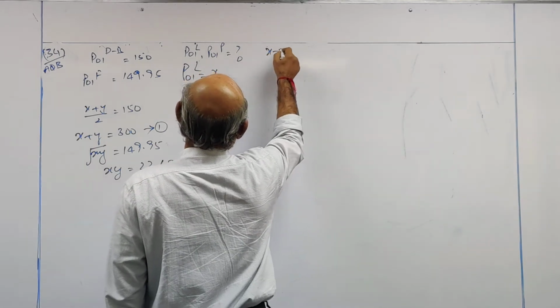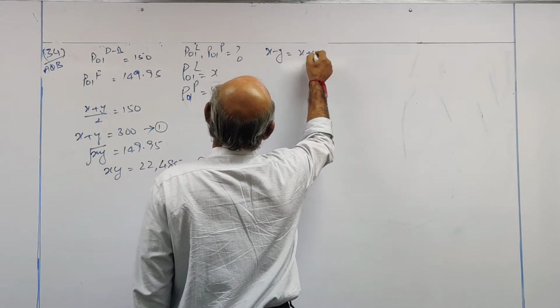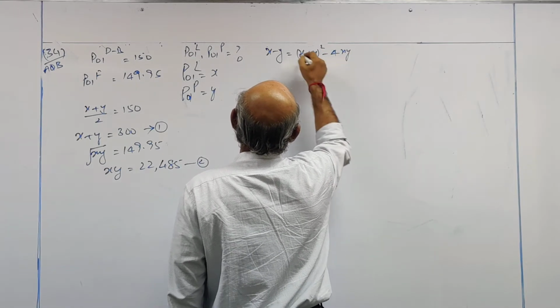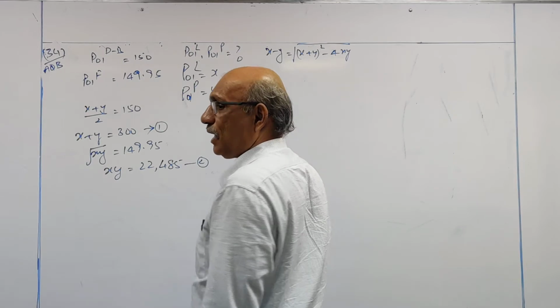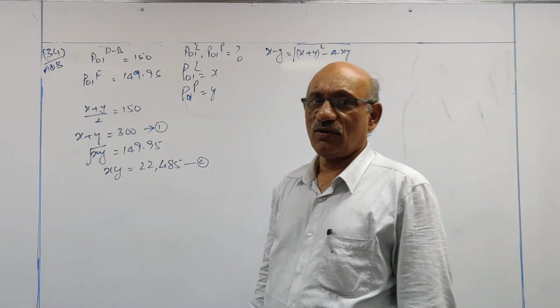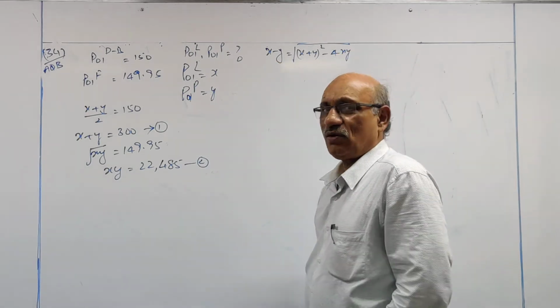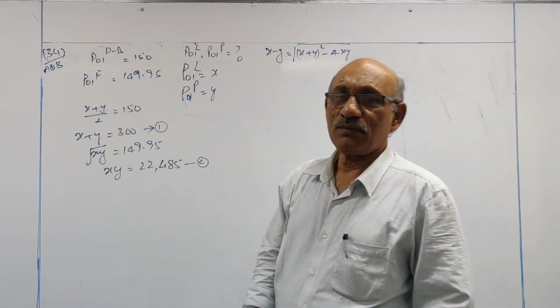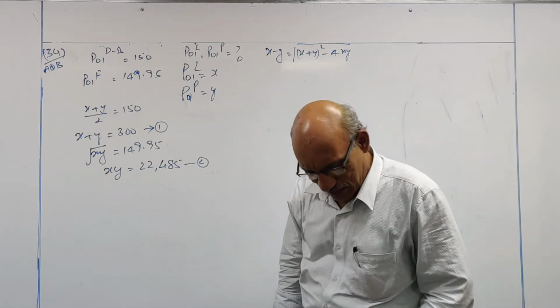So let us say x minus y is equal to root of (x plus y) whole square minus 4xy. Because (a minus b) whole square is equal to (a plus b) whole square minus 4ab, so a minus b is equal to root of (a plus b) whole square minus 4ab.